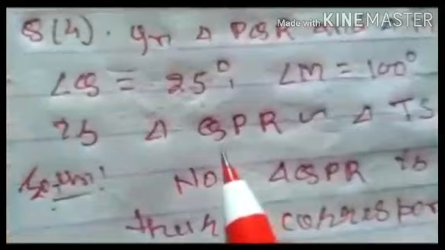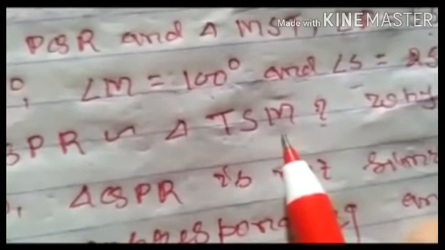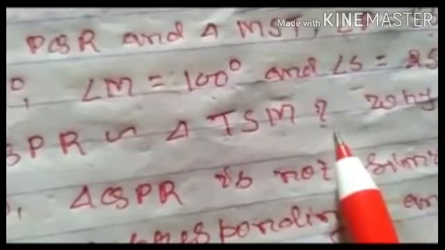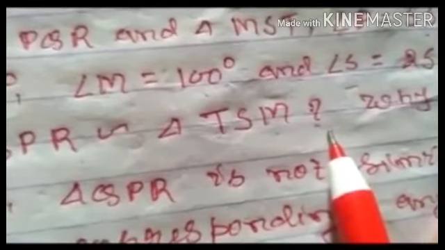Now the question is asking: is triangle QPR similar to triangle TSM? Why?